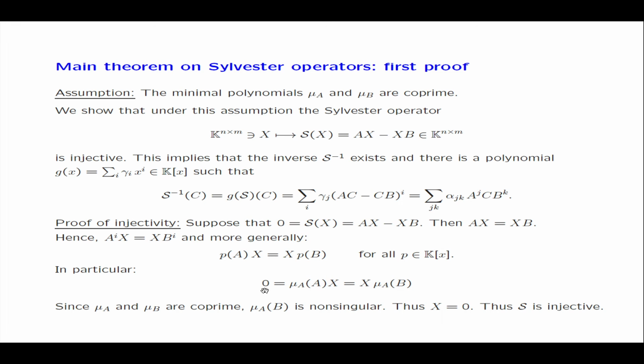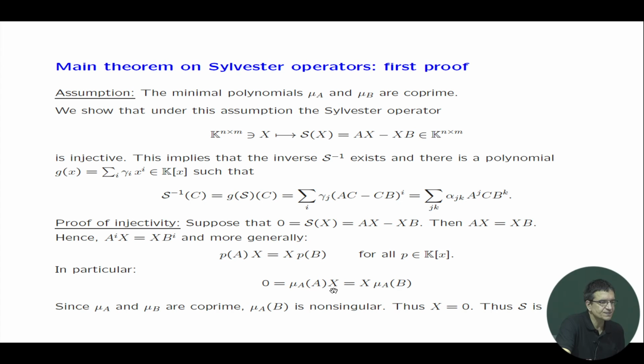Now I take a special polynomial, namely the minimal polynomial of the matrix A. Then this vanishes, and then we have 0 equals X times mu A of B. But according to what I said in the first lessons, if the minimal polynomials of A and B are co-prime, then if we insert B into the minimal polynomial of A, we get an invertible matrix.